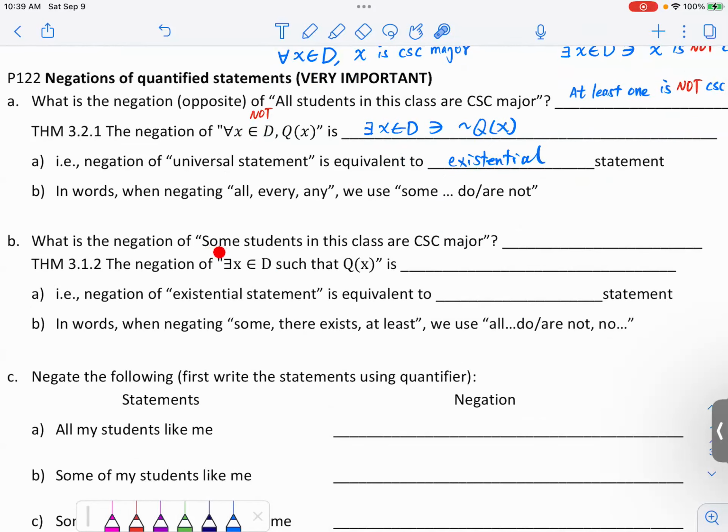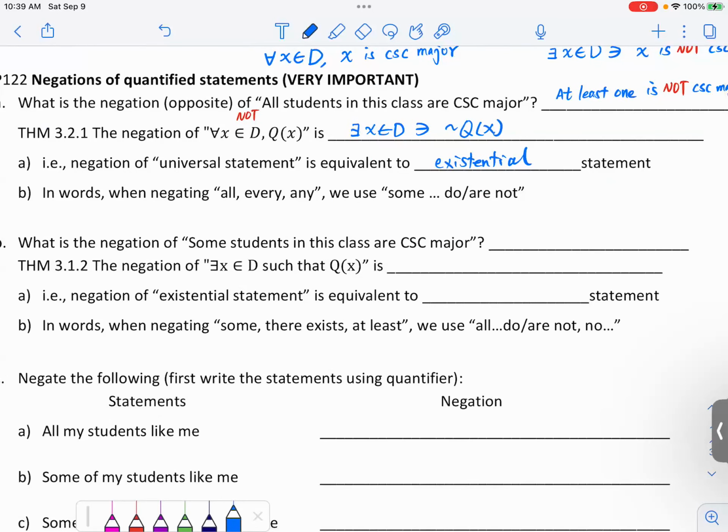This statement is: some students in this class are computer science majors. So this is not a universal statement now. It is an existential one. There exists some students in this class that are computer science majors. So now how do we negate it? Not some students in this class are computer science majors.